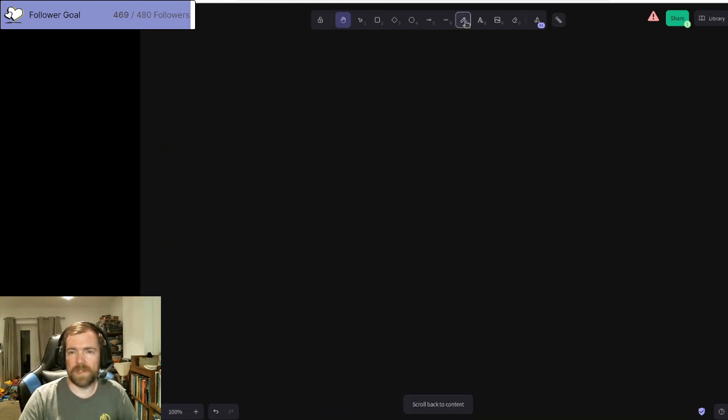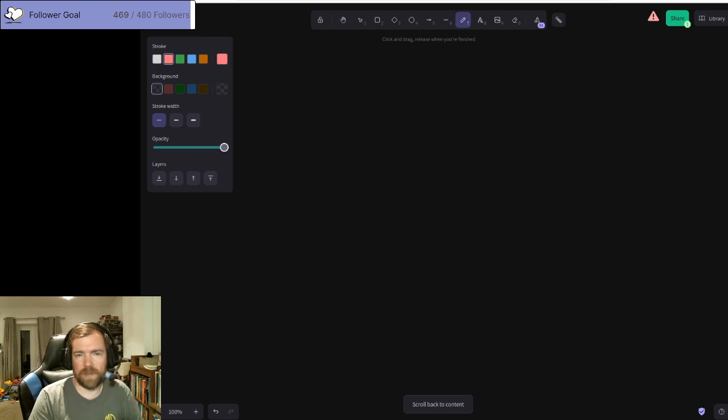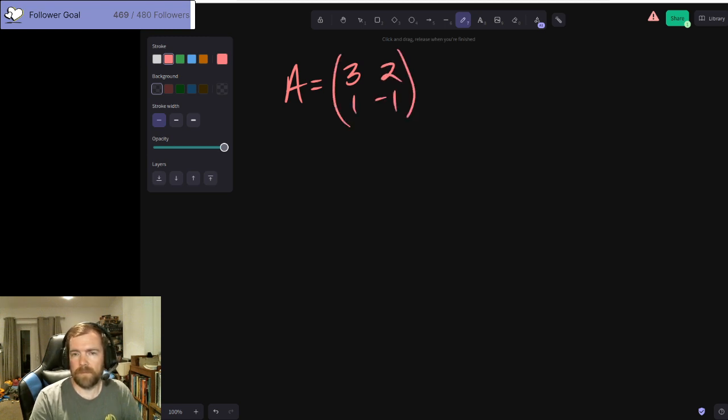So, for instance, if we wanted, A is equal to, let's just do 3, 2, 1, negative 1. And we want to find the inverse of that particular matrix. We already know that the determinant of this matrix is non-zero, so that's okay. We can do this.